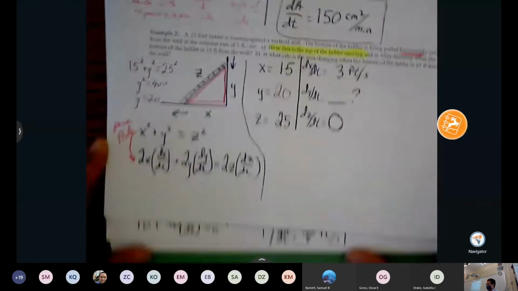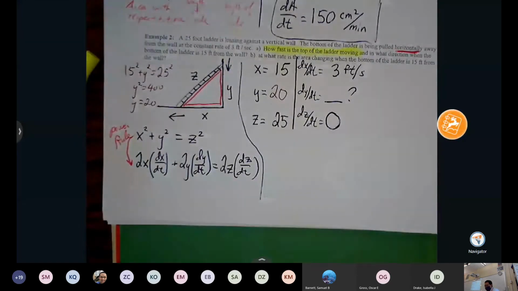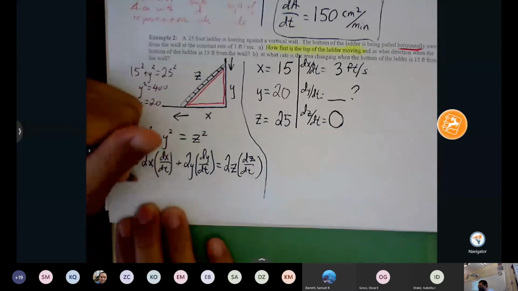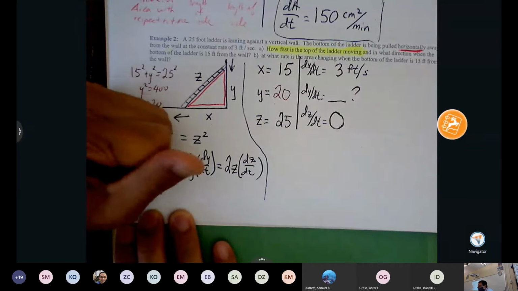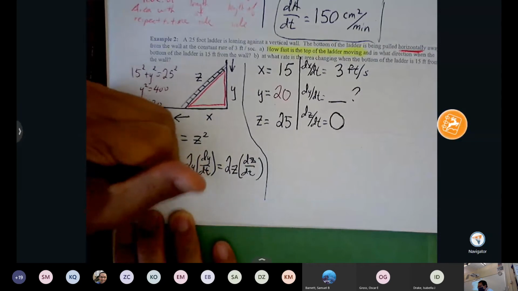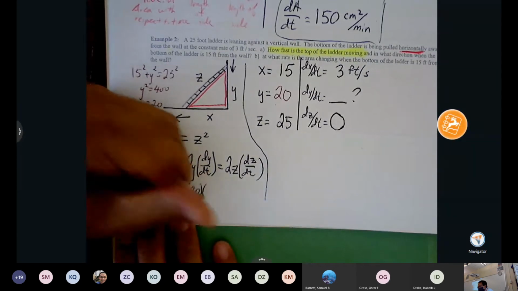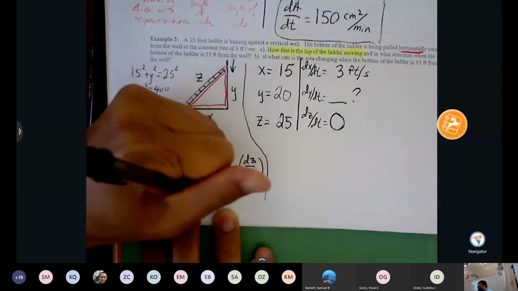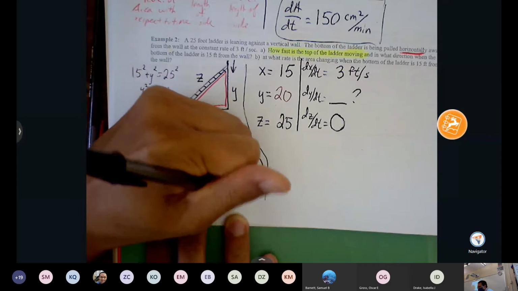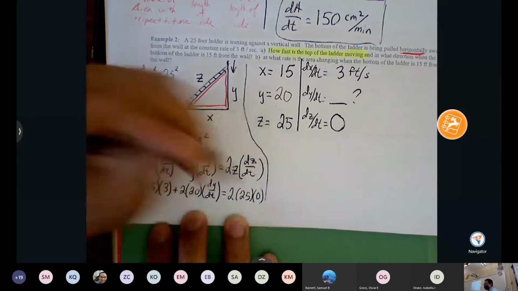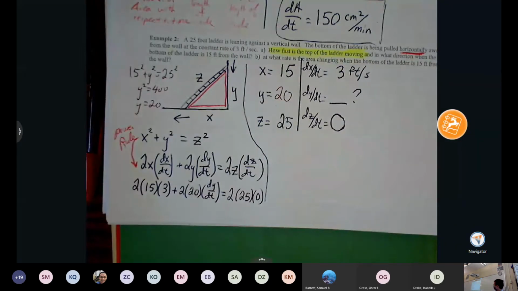So let's do that. We start cleaning our values up here.